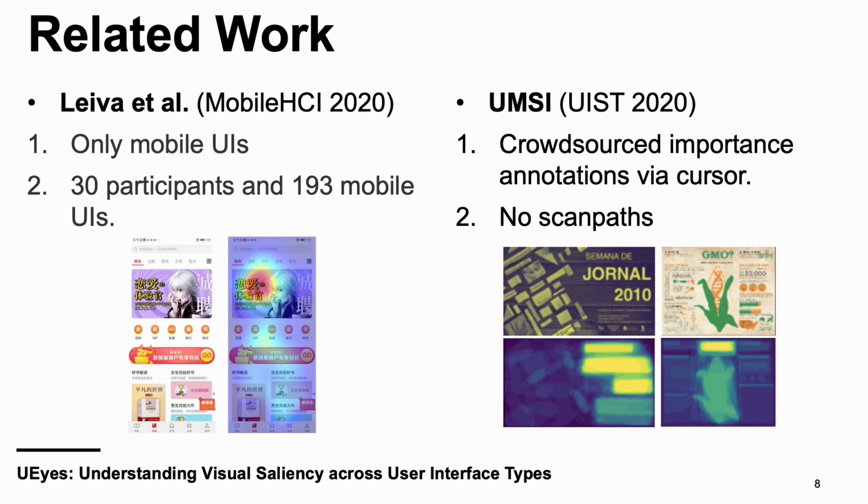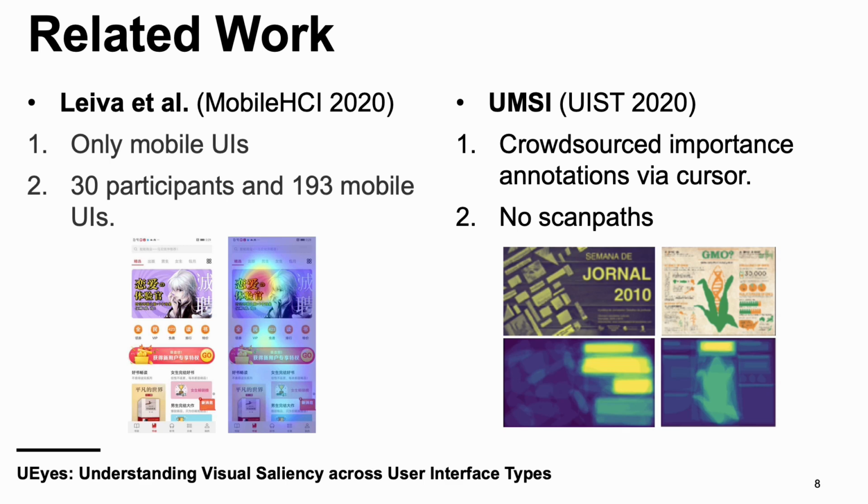To address this limitation, we collected a larger UI saliency dataset, including 62 participants and 1,980 UIs from 4 different UI types. Another highly relevant prior research is UMSI, which proposed a crowdsourced saliency dataset and a predictive model of saliency importance trained on images from different design classes.